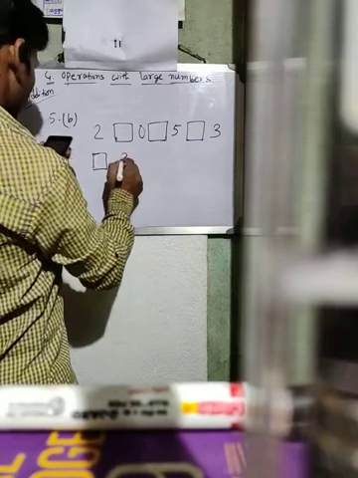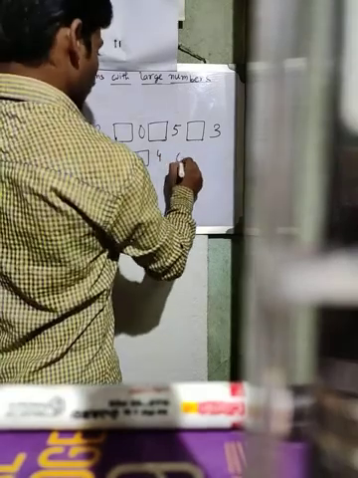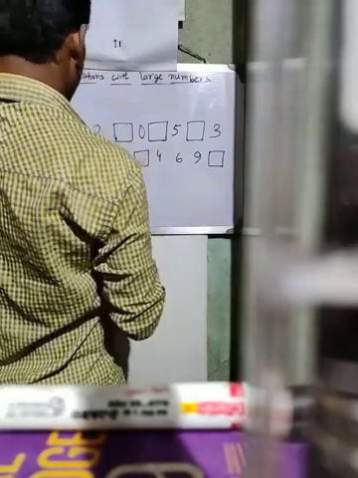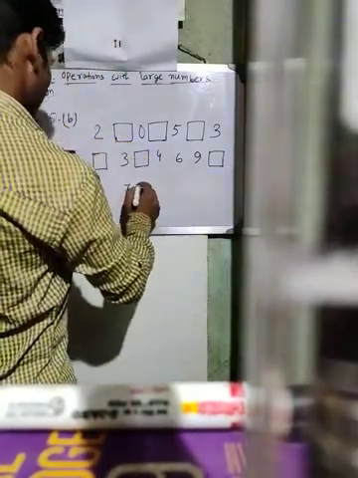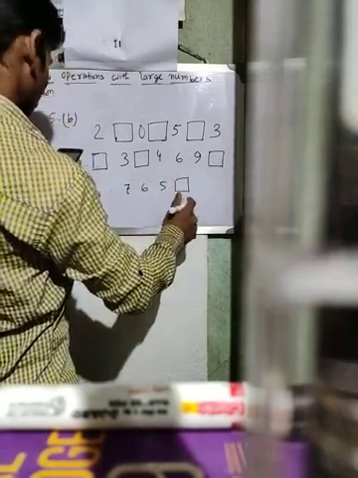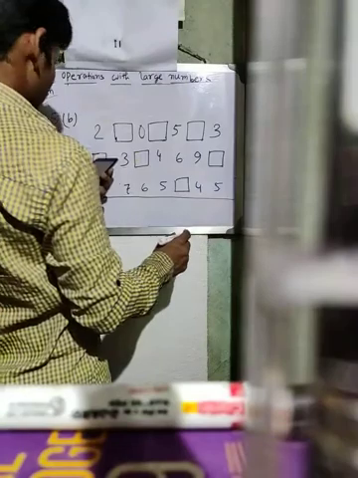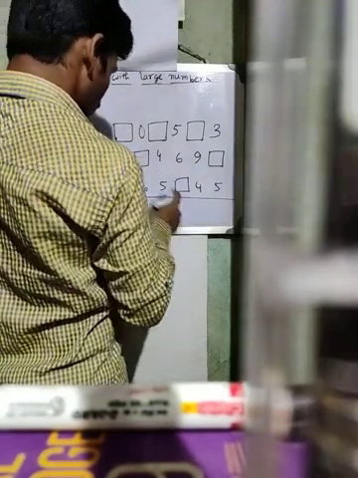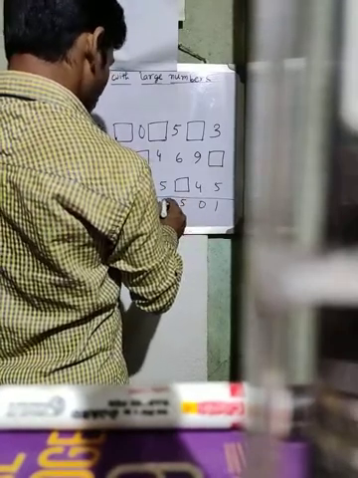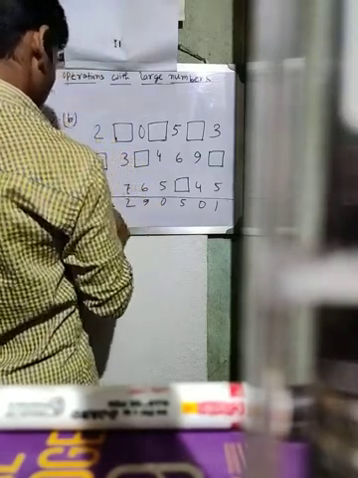Next 3, next empty, next 4, next 6, next 9, next empty. Here 7, 6, 5, empty, 4 and 5, and the sum given is 1 0 5 0 9 2 6 2 9. This is not 0, this is empty; I am using this sign.